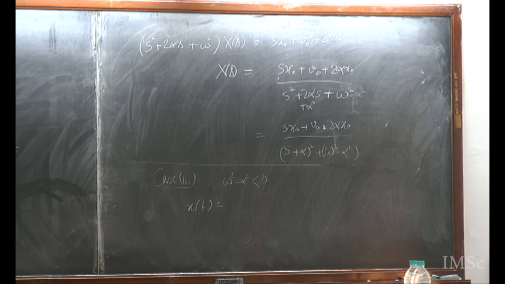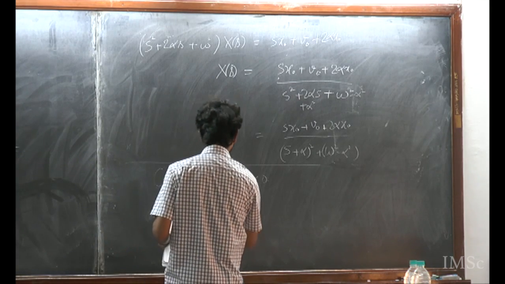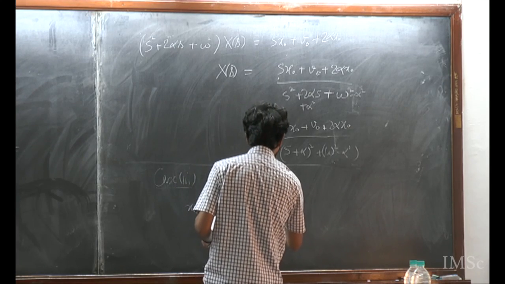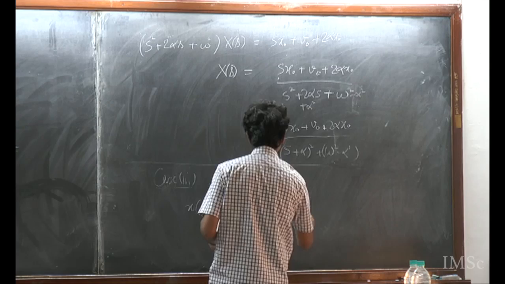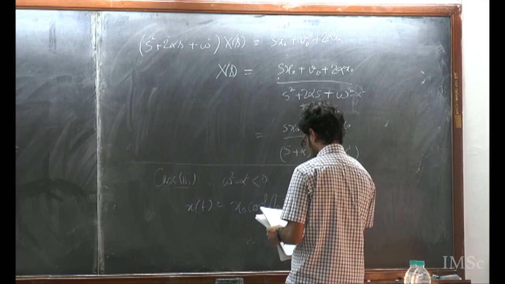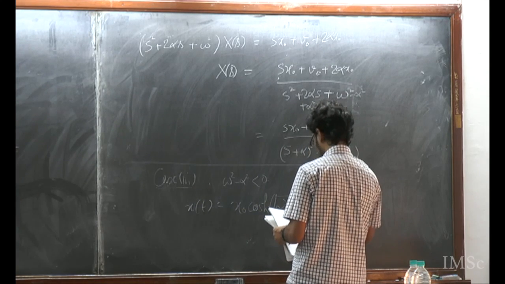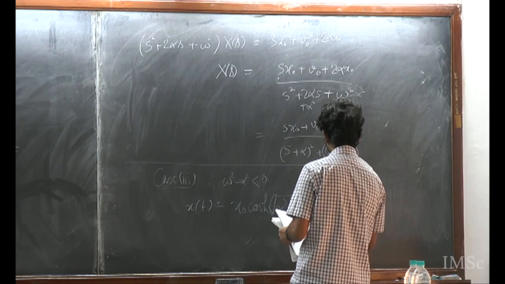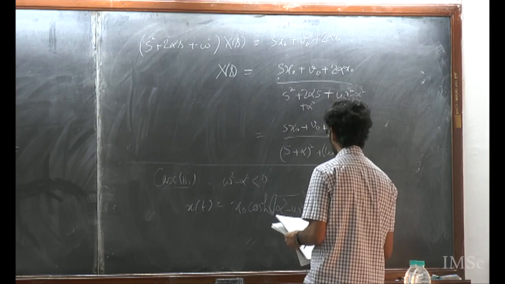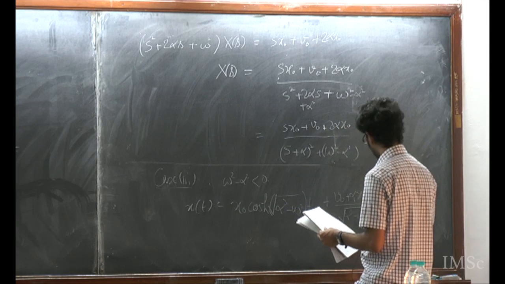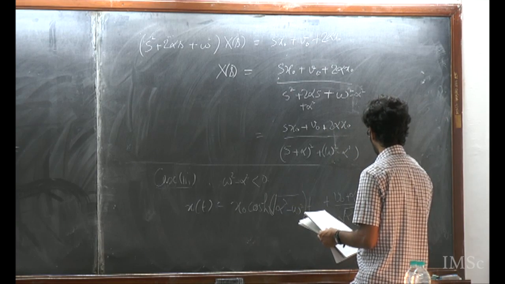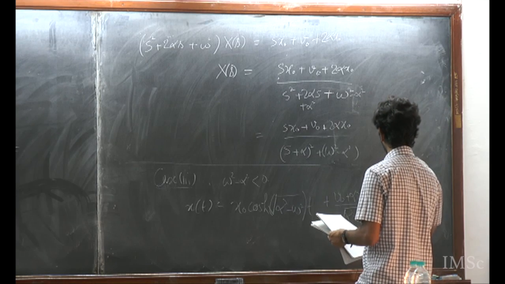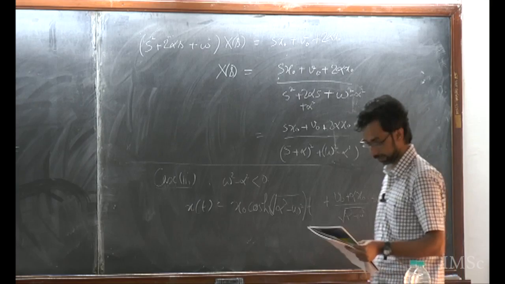This is x naught hyperbolic cos of square root of (alpha squared minus omega squared) t, plus (v naught plus alpha x naught) by square root of (alpha squared minus omega squared) times hyperbolic sine of square root of (alpha squared minus omega squared) t.